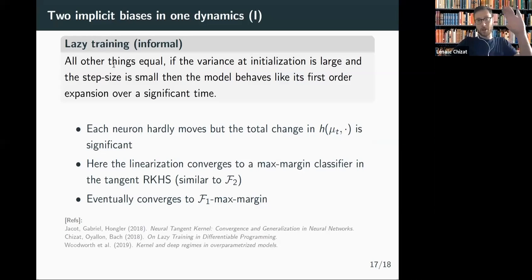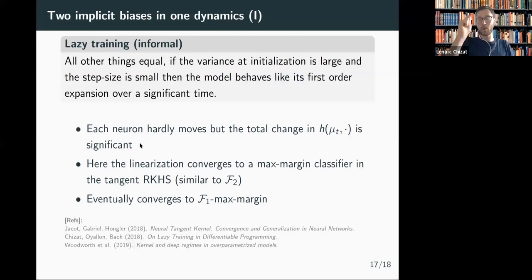It says that if everything else is equal, if we increase the variance at initialization of our neural networks, and if we decrease the step size, then the model will behave like its first order expansion in the parameters over a significant time during the training dynamics. And the larger the variance, the longer it will behave like this first order expansion. So this is an informal presentation of this lazy training phenomenon.